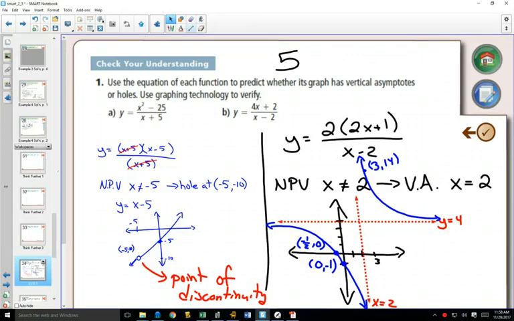So obviously the word hole is shorter to use, but sometimes on an exam they say, what is the point of discontinuity? And if you've never heard of that before, you go, well, what? So that's another word for hole. If you were trying to draw this all in one swipe, you'd have to lift your pencil at the hole and put it back down. So it is not continuous.